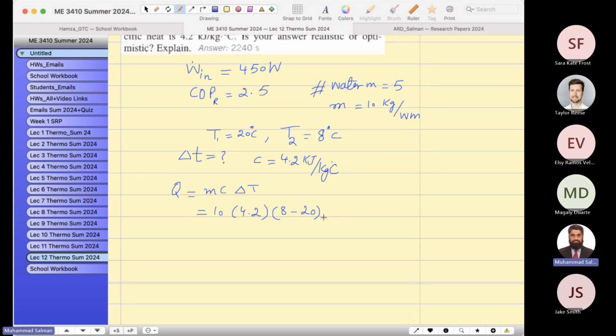And if you solve for this, this is inside the refrigerator. The heat being rejected from the evaporator. So this is 252 joules.